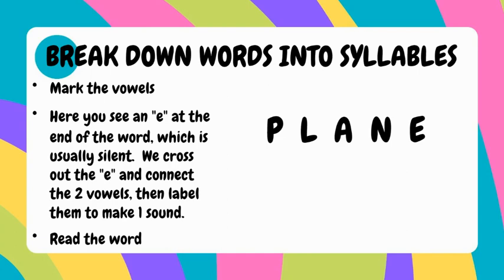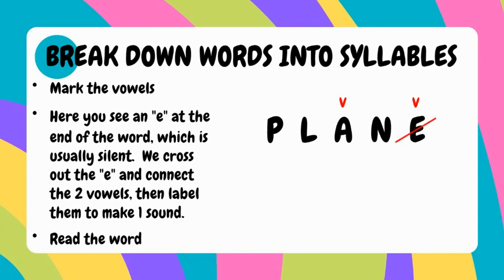No. Are there any vowel teams here? No. We can even start going through some of those rules and narrowing it down. But for the sake of this exercise, the first thing we do is have them mark the vowels. So there's an A and there's an E. Great. But here we see that there's an E at the end of a word, which is usually silent. So we cross out the E because we know it's silent. It's not going to make a sound.